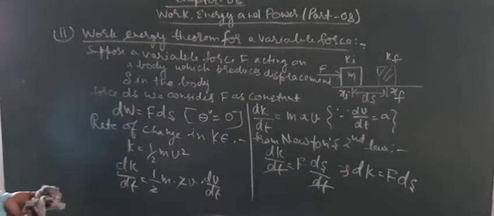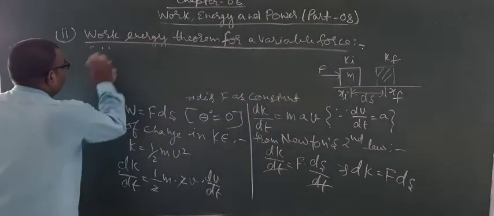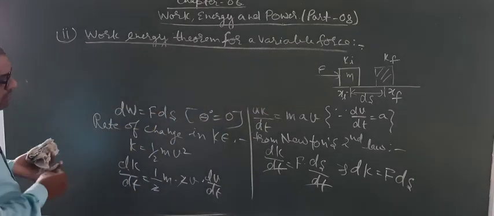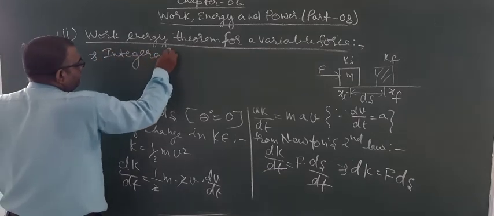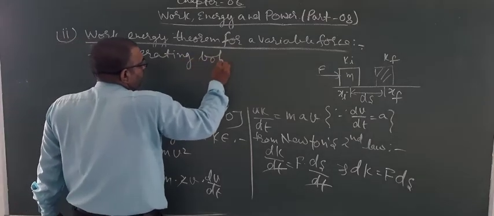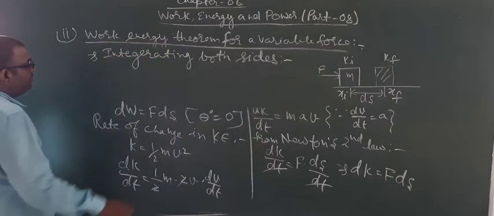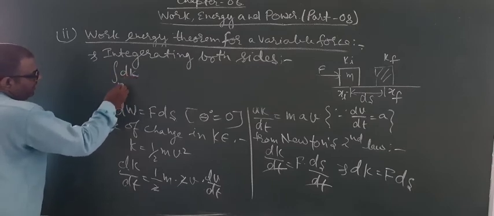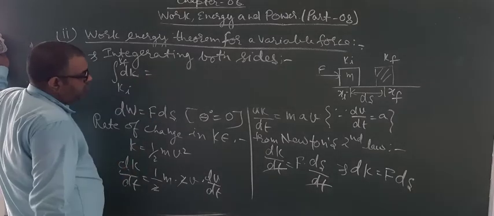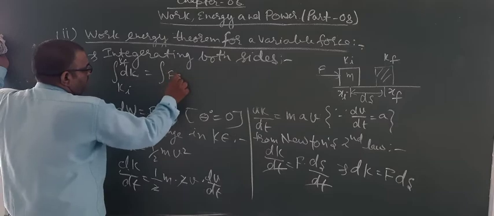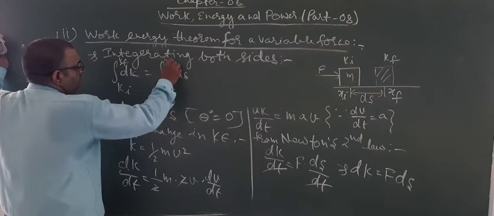So in order to calculate the work done, what we have to do is integrate both sides. Look here, dK from initial kinetic energy Ki to final kinetic energy Kf is equal to F into ds, from x initial to x final.